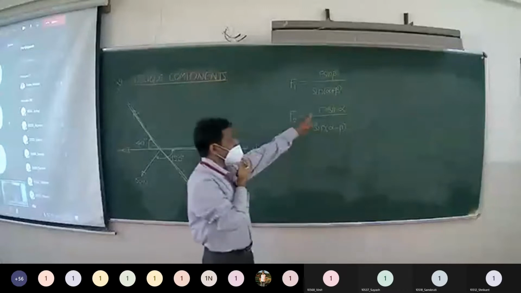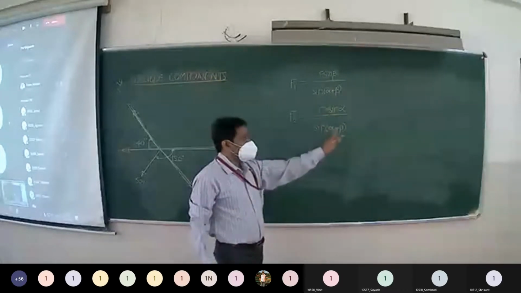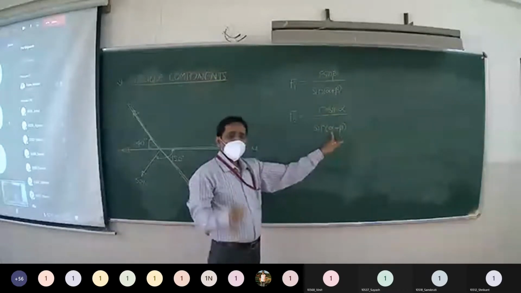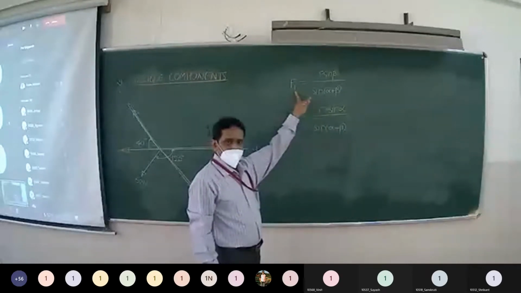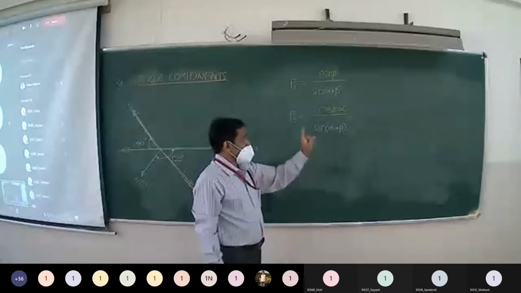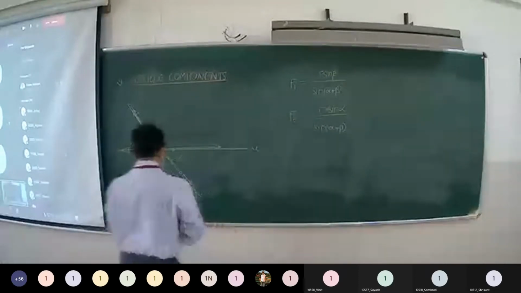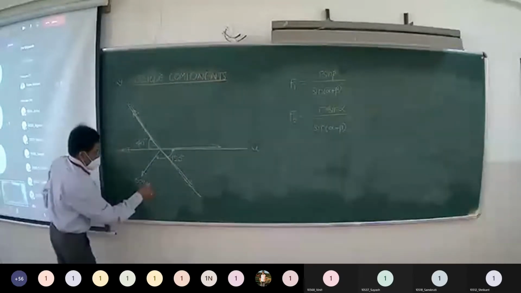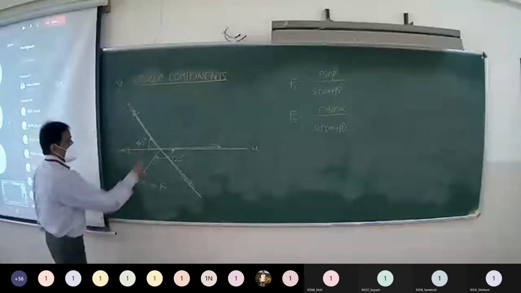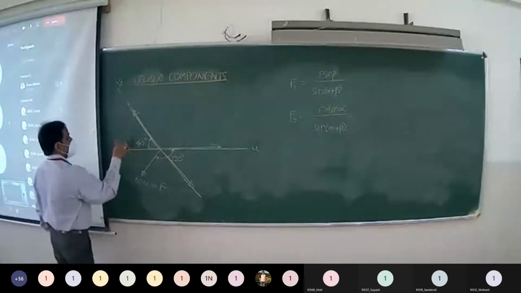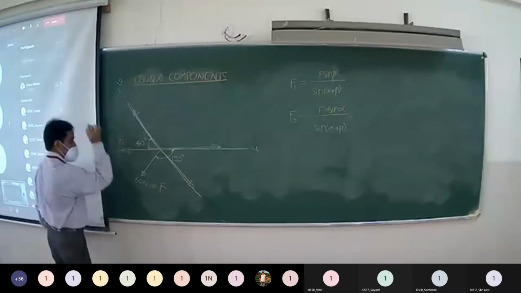Now here F is the given force, alpha and beta. What is alpha? The angle made by the force with respect to F1. Beta is the angle made by F with respect to F2. Suppose I take the 60 Newton as F and the component along U, I am calling it F1.